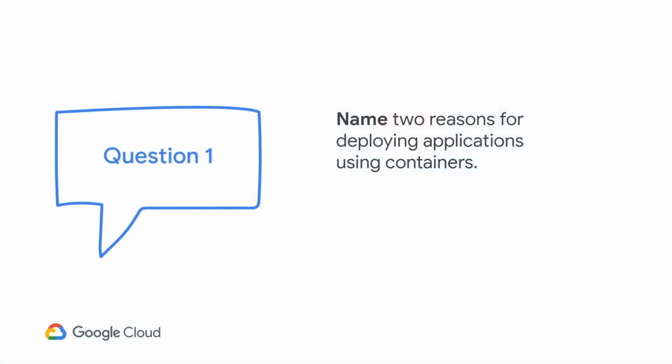So why do I deploy containers? What are 2 good reasons for deploying containers? Anybody? Scaling. Yep. What else? Portability. I can build my container and then go run it on a container platform on a different system.